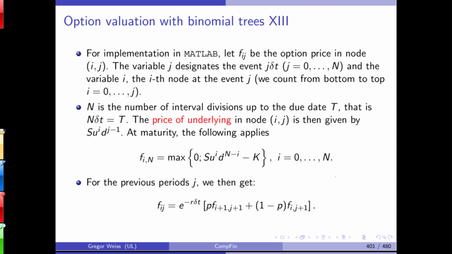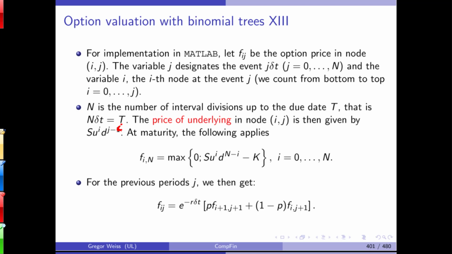T, that is n times delta t equals capital T, and the price of the underlying in node ij is then given by starting price s, i times up, times j minus 1 time. Actually, this is not correct. I think this should be i, not 1.